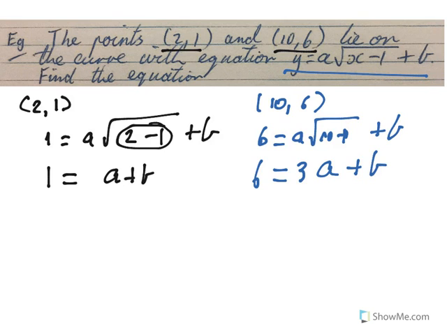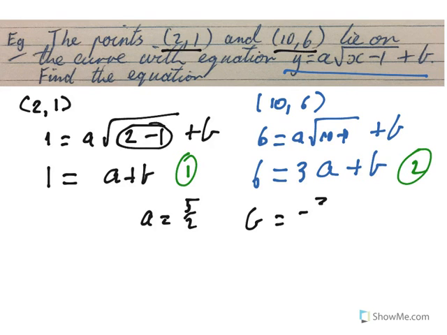These two things would be simultaneous equations, 1 and 2, and then we would solve them simultaneously. When you solve them simultaneously, either by hand or using your calculator, you get that a is 5 over 2 and b is negative 3 over 2.